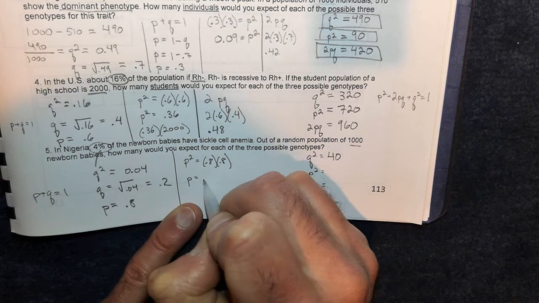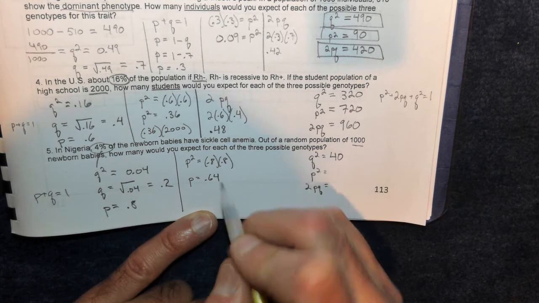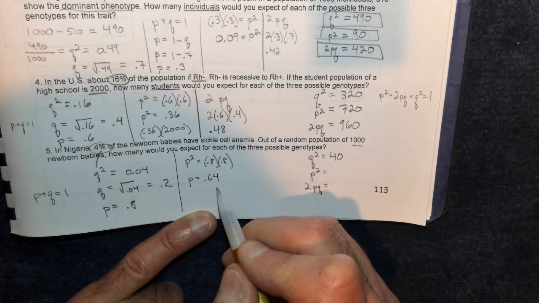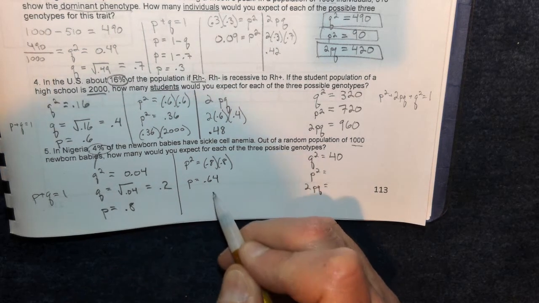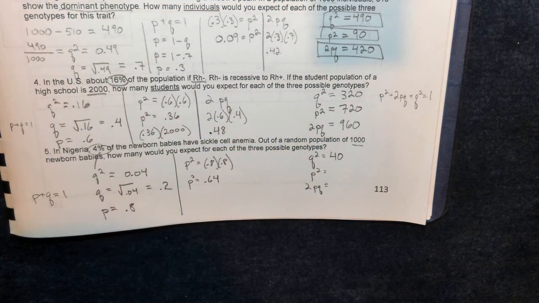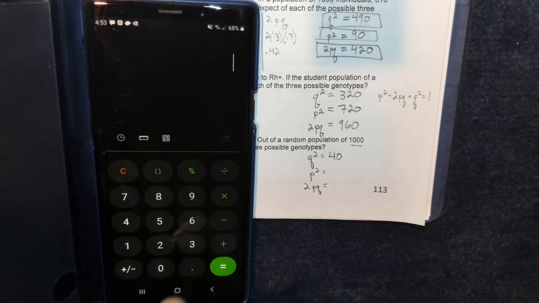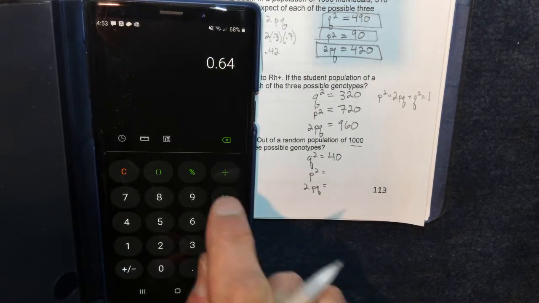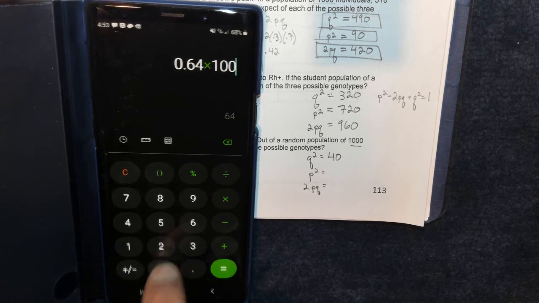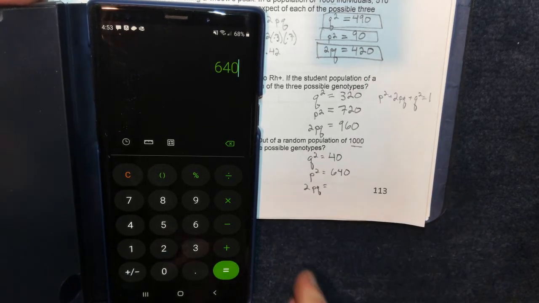That should be 0.64. 64% of the population is homozygous dominant. So I'm going to take 64% of 1,000, and I get 640 individuals.